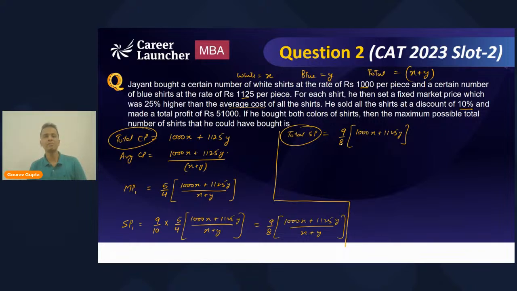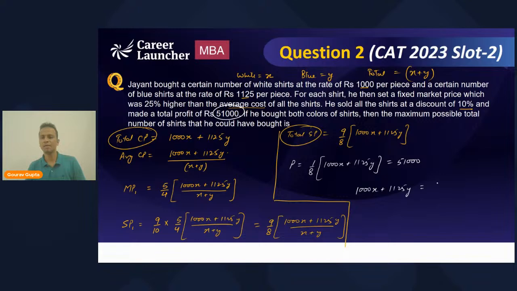So 9 by 8 times something minus the same thing, the total profit will be 1 by 8 times (1000x plus 1125y), and this total profit is given as 51,000 rupees. So 1000x plus 1125y is equal to 51,000 multiplied by 8.